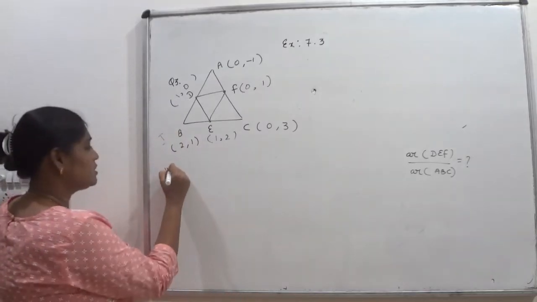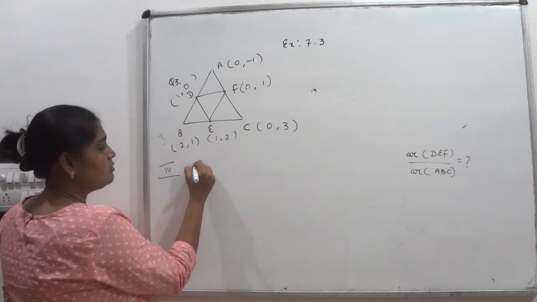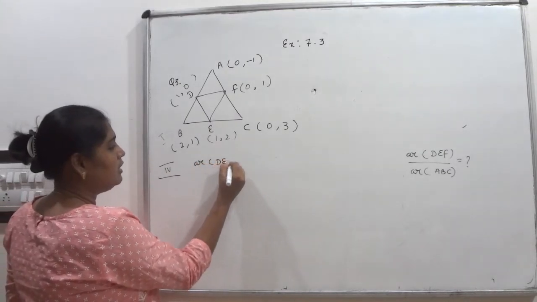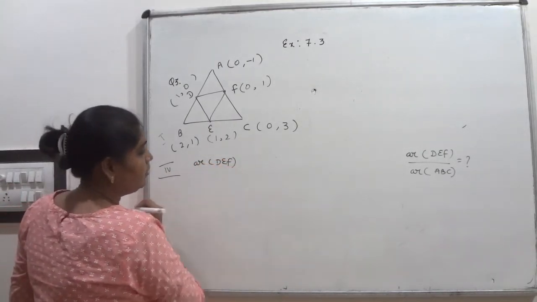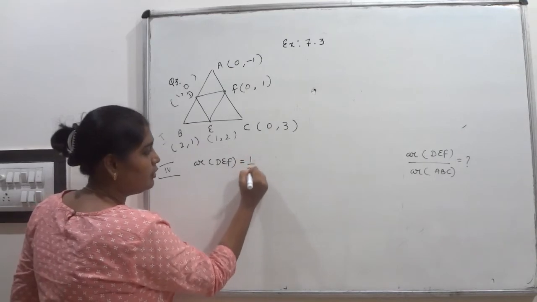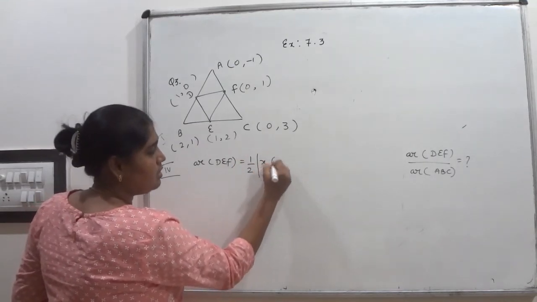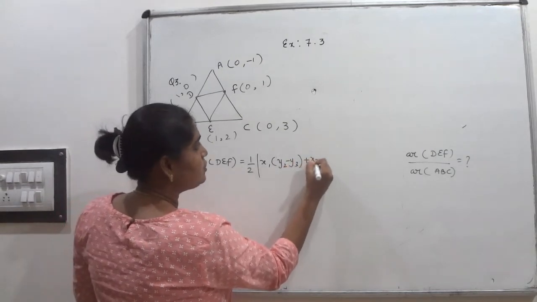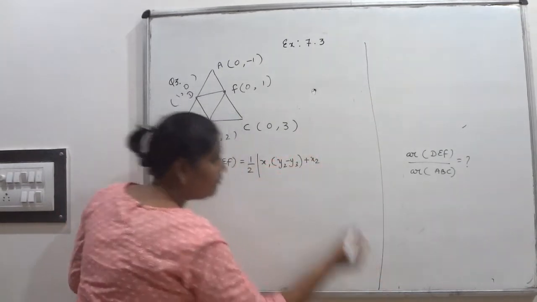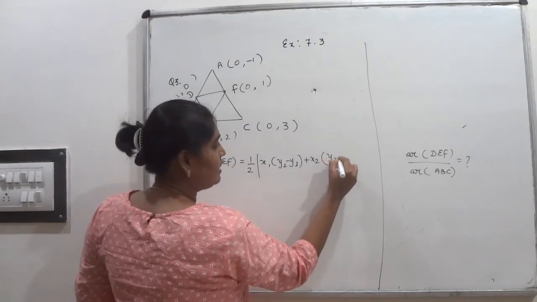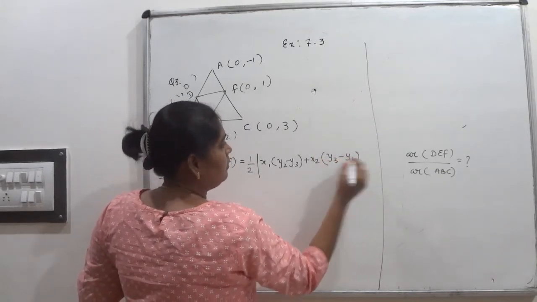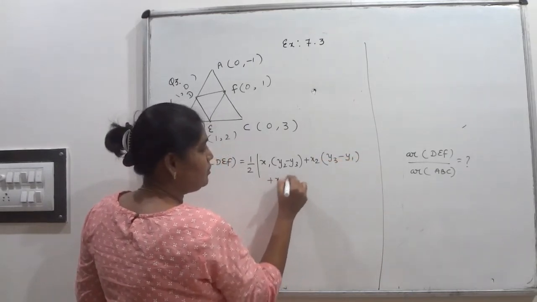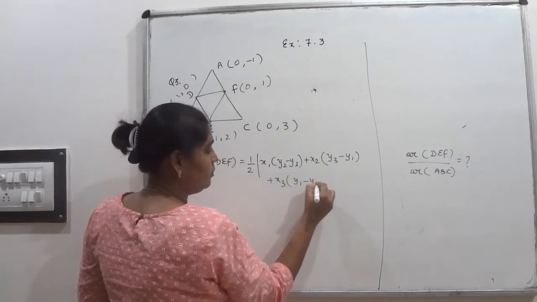In the fourth part, we are going to find the area of DEF. You know the formula: half into the modulus of x1 (y2 minus y3) plus x2 (y3 minus y1) plus x3 (y1 minus y2).